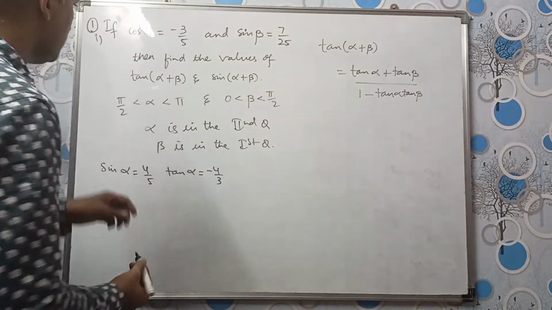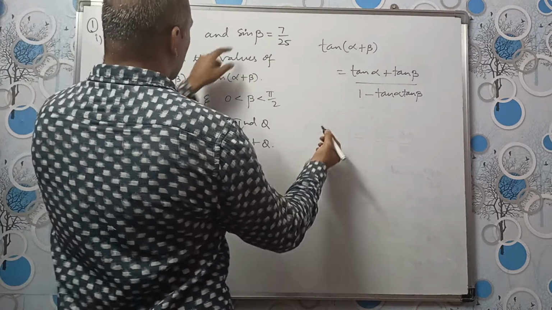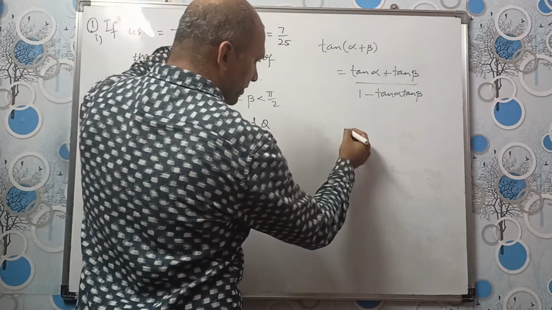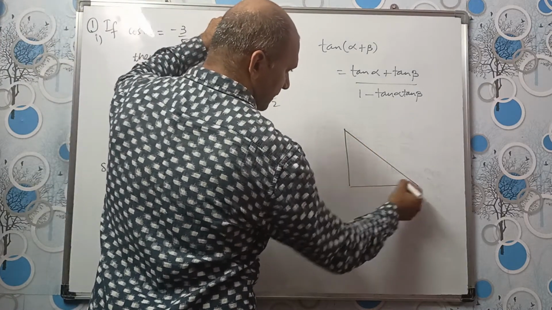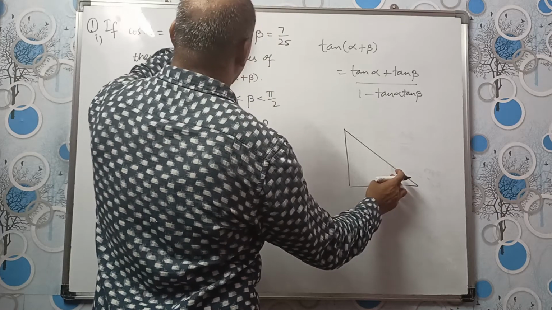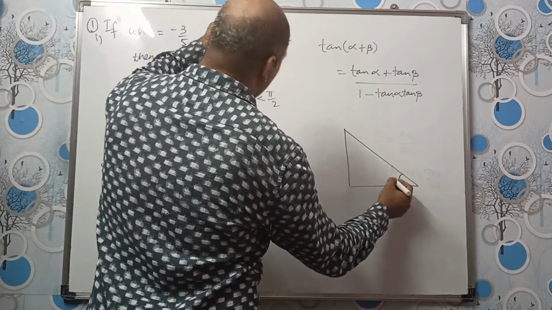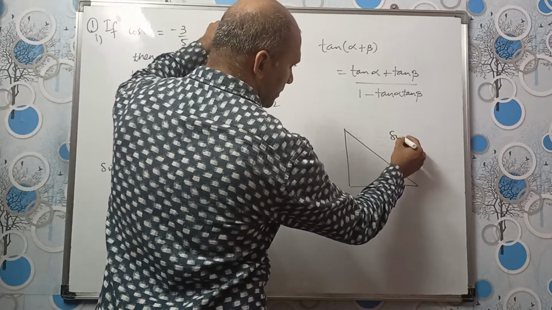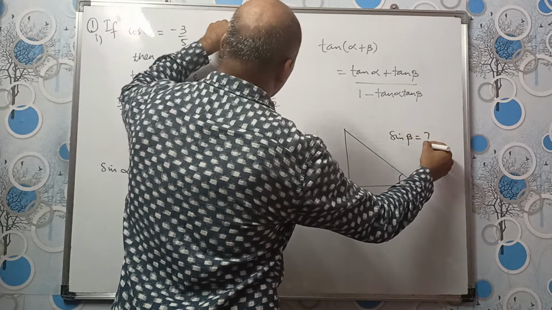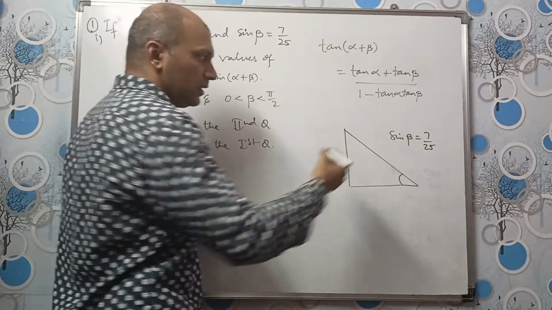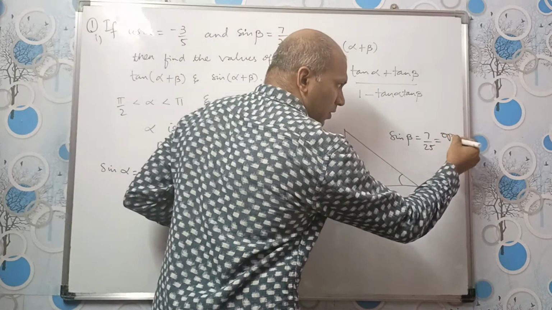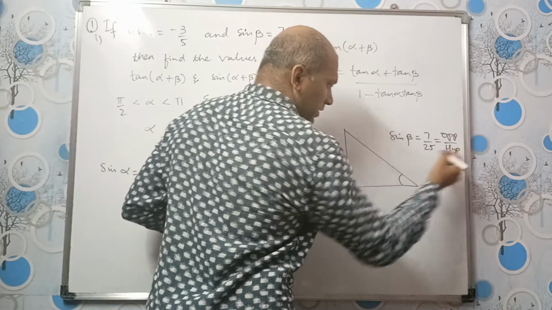Sin beta is 7 by 25, given. So suppose this is the angle. Sine formula is opposite by hypotenuse, right?